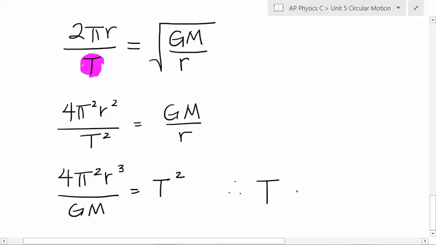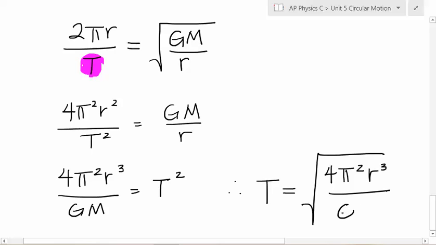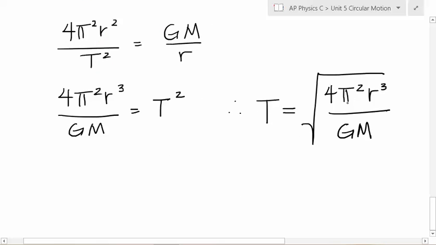So the period would be the square root of 4 pi squared r cubed over GM. Now, I know you could reduce that and pull out the 4 and the pi, and you can if you want to, but traditionally we just leave it like this. So what this proves is that the period is proportional to the radius. And it's proportional to the radius as what? 3/2?